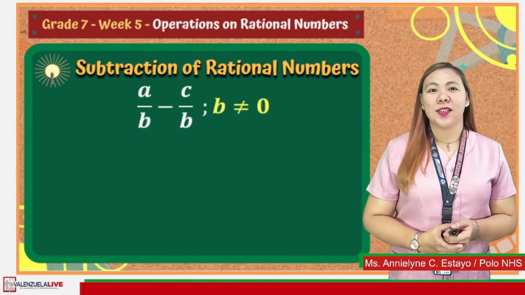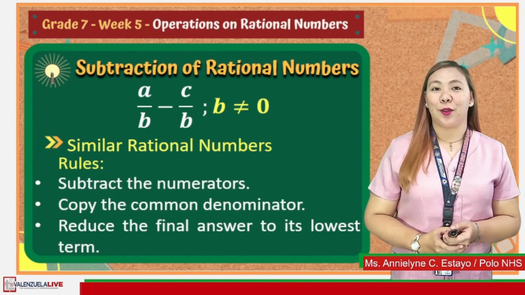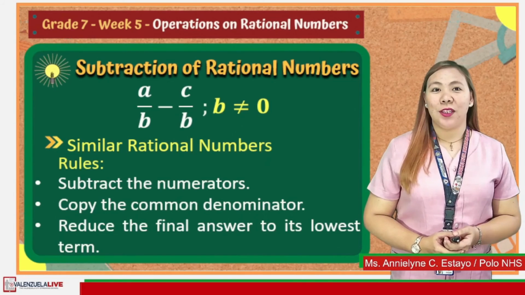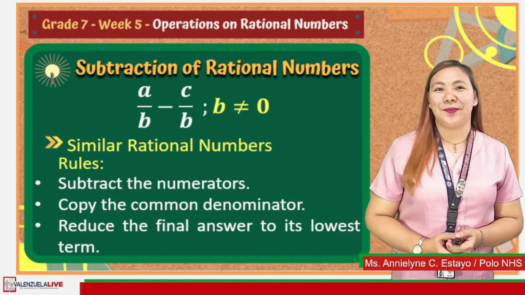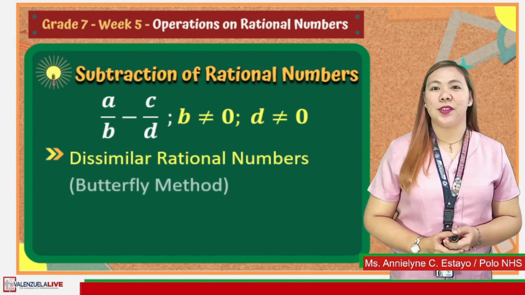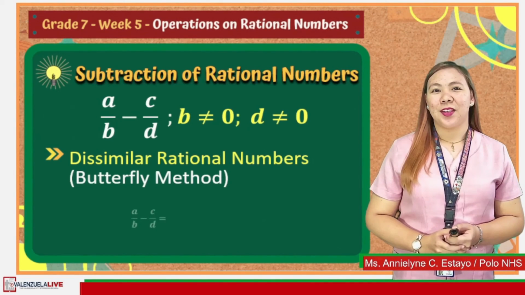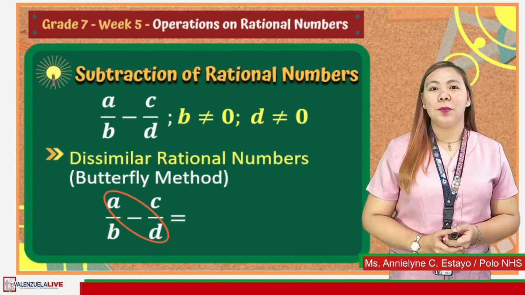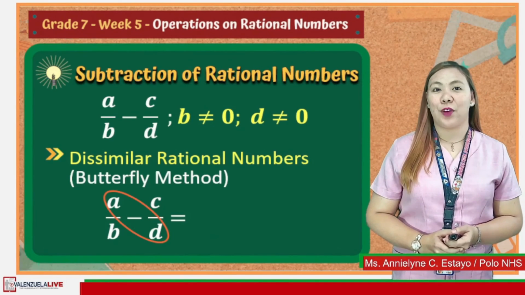To subtract similar rational numbers, subtract the numerators, copy the common denominator, then reduce the final answer to its lowest term. To subtract dissimilar rational numbers, we can also use the butterfly method. First, multiply the numerator of the first fraction to the denominator of the second fraction.